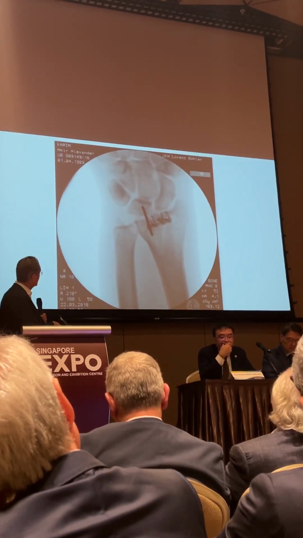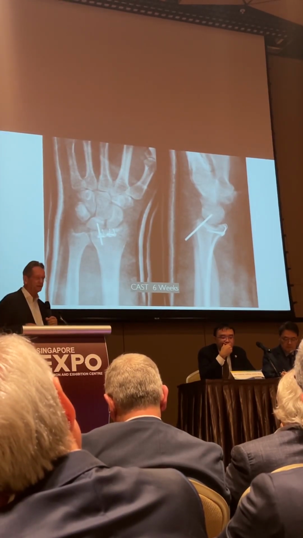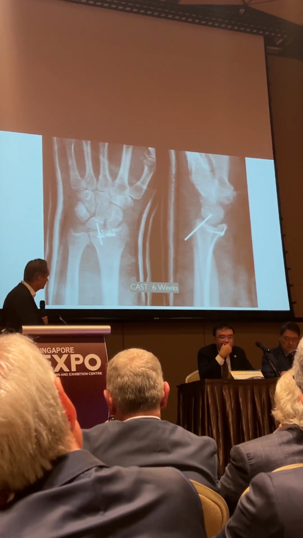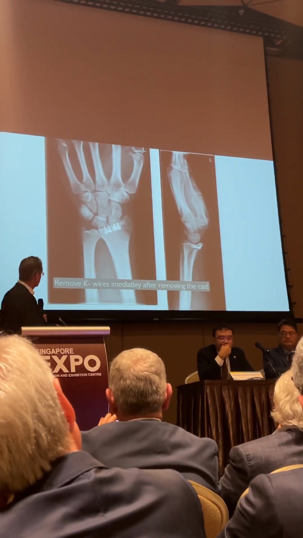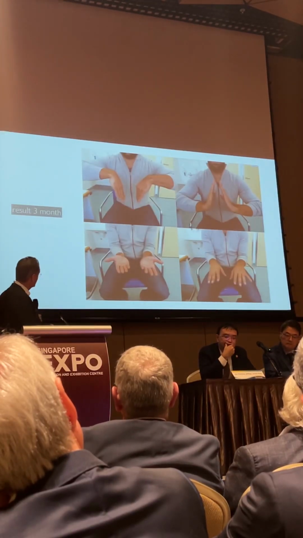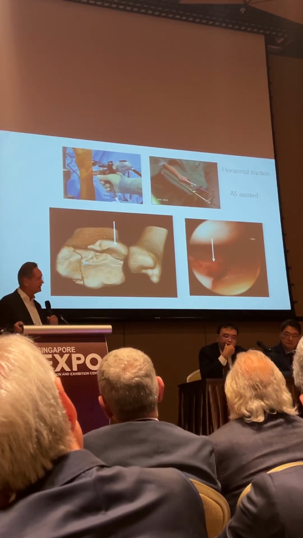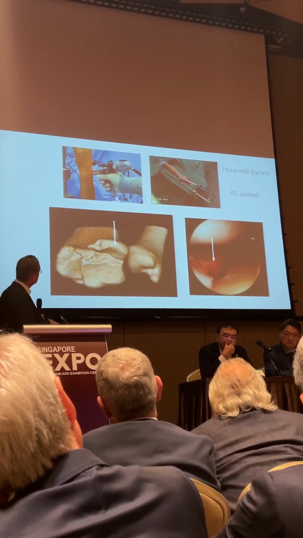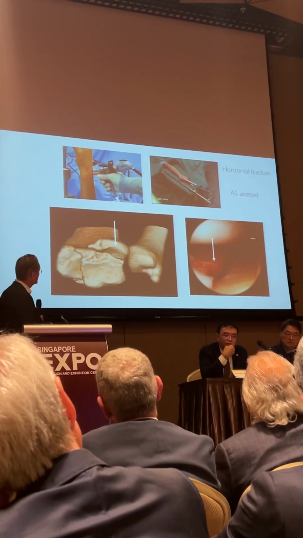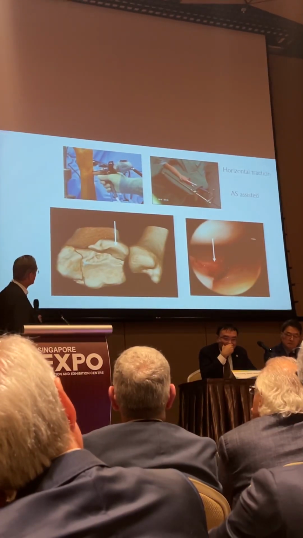And you see here the K-wire, cast 6 weeks. Immediately when you remove the cast, you have to remove the K-wire. And here you see the removed K-wire, and here after 3 months, and a really good function. You have heard it already, it makes sense sometimes to do it also arthroscopically assisted in horizontal traction.